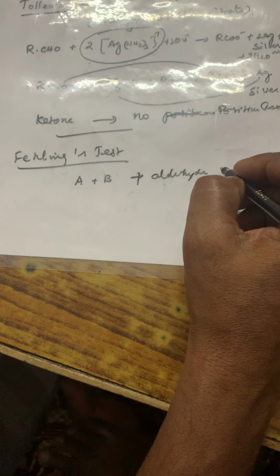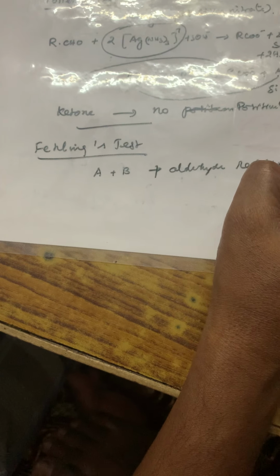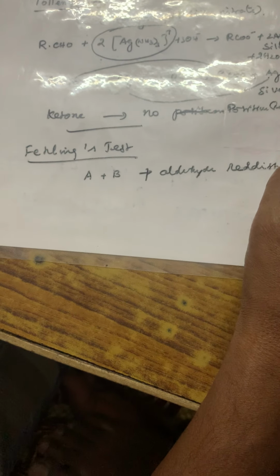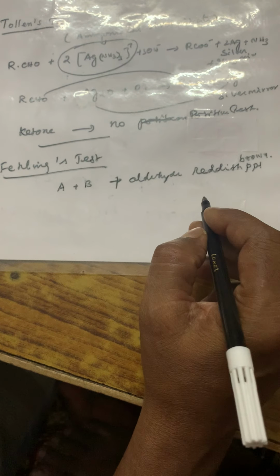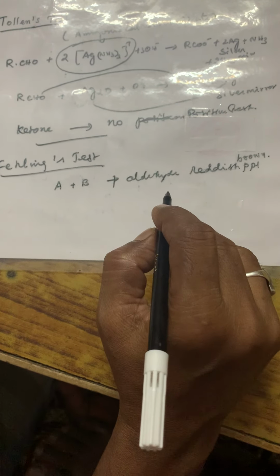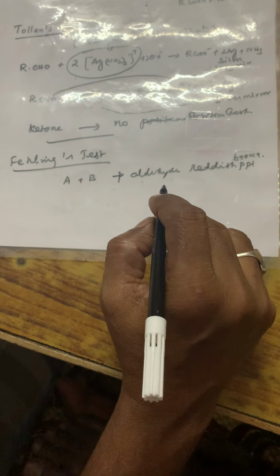It gives a reddish brown precipitate. This also confirms that aldehyde is present.